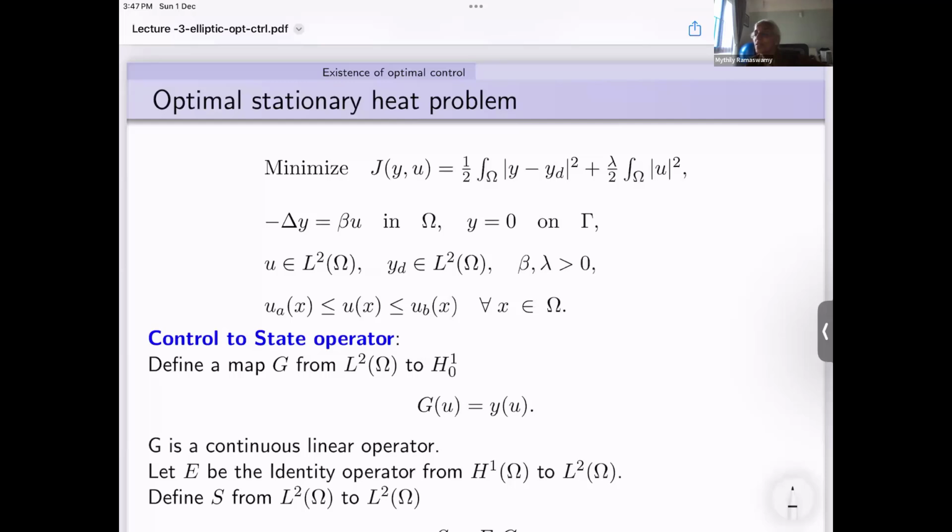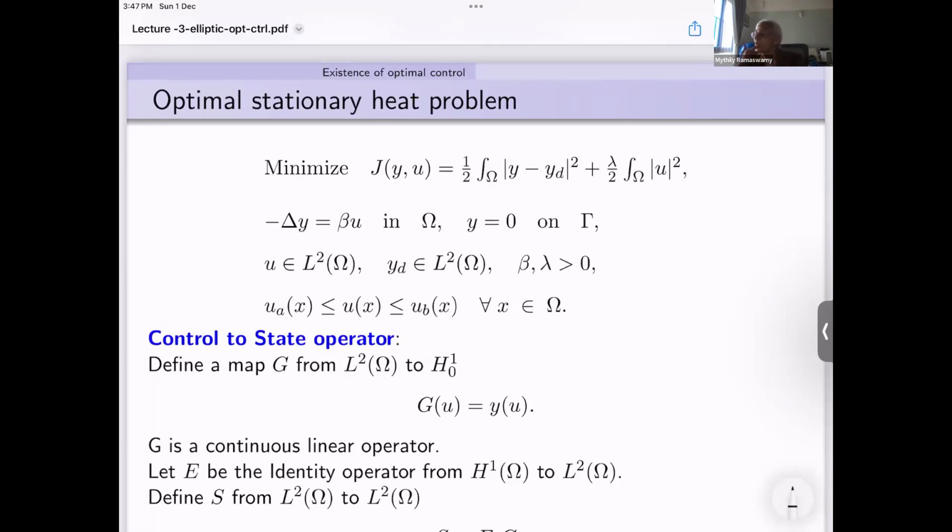If ua is minus infinity and ub is plus infinity, that corresponds to the whole space, that is, u can be any function in L2 of omega. When I write these inequalities, we have to interpret them as almost everywhere x in omega, because these are just L2 functions, or you can say even continuous control if it is allowed.